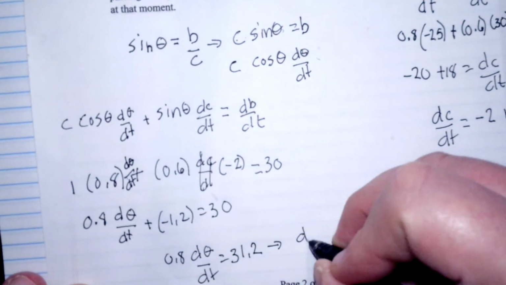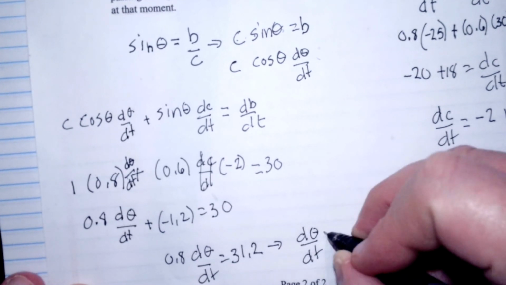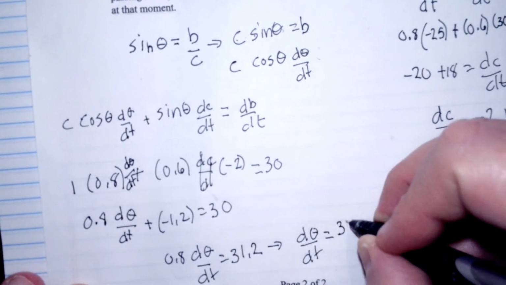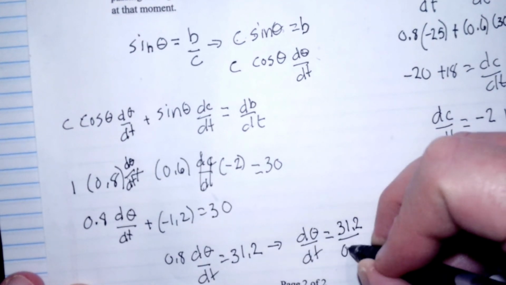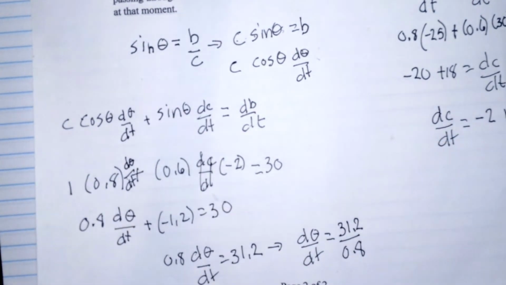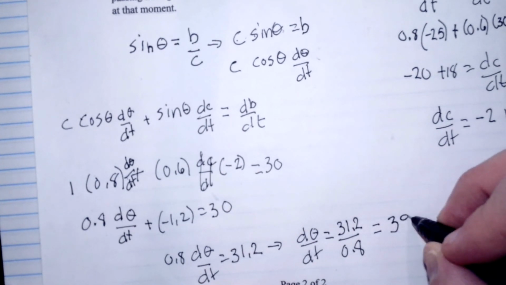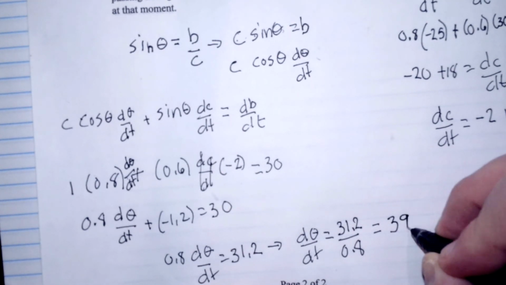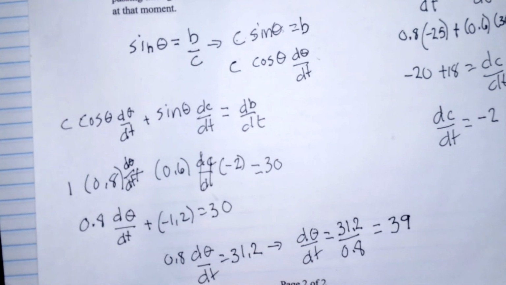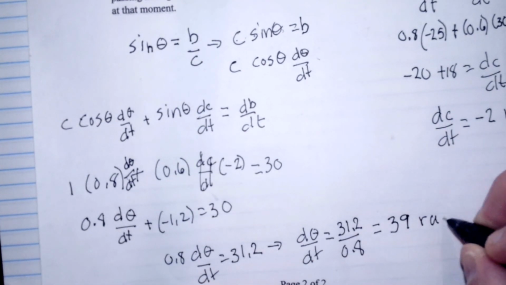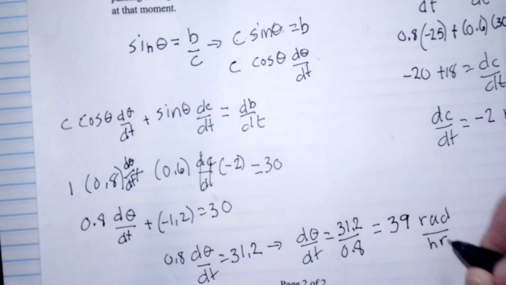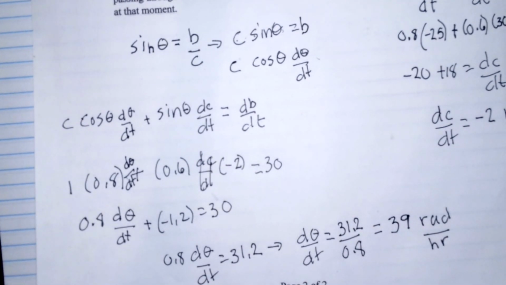So that tells us that d theta/dt is equal to 31.2 over 0.8, and I think that is 39 radians per hour, which is sort of an odd unit of measurement. I suppose if you wanted to, you could turn that into degrees per minute or degrees per second or something like that.